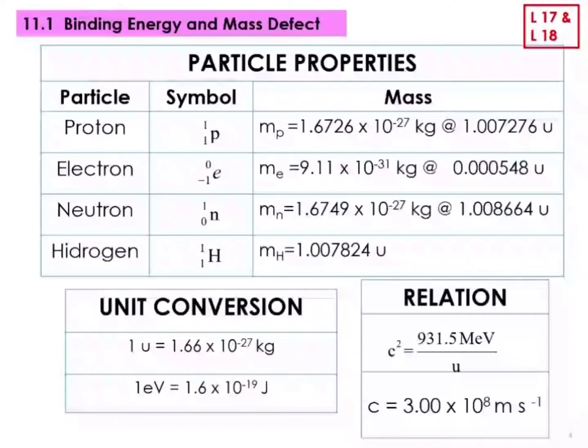And the third one is the relationship with c squared, where c is the speed of light. Speed of light squared equal to 931.5 MeV, where M is mega. That is the overview.